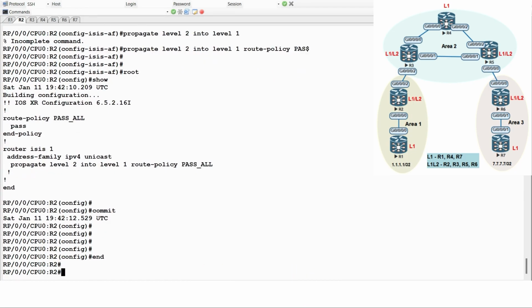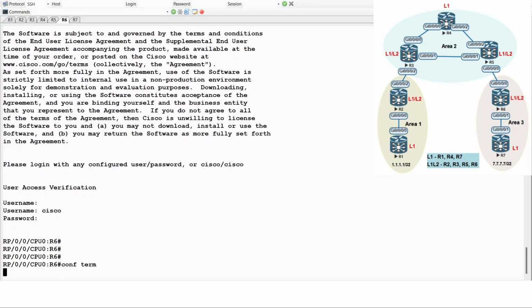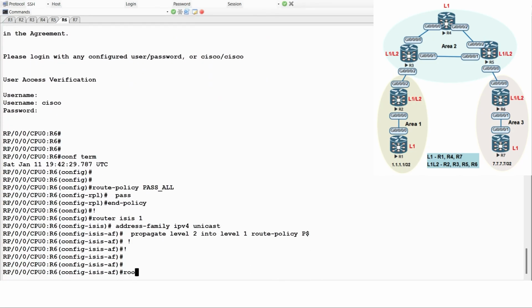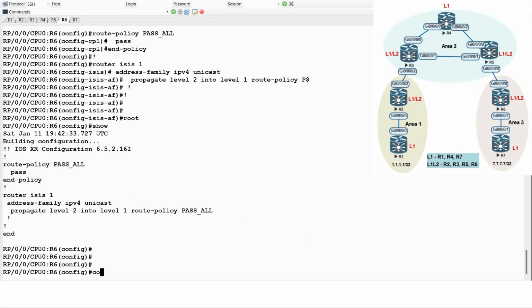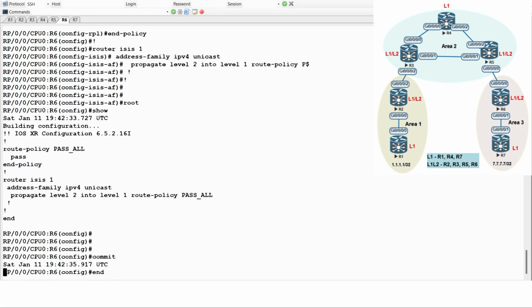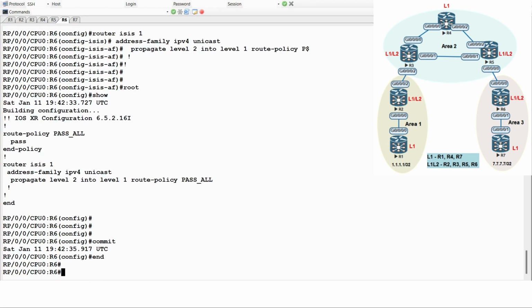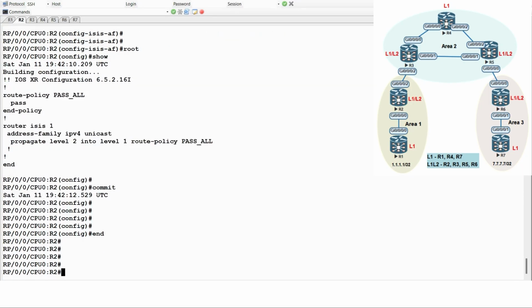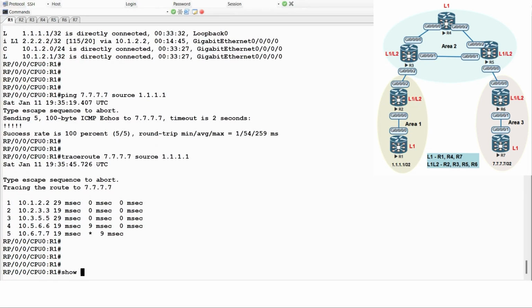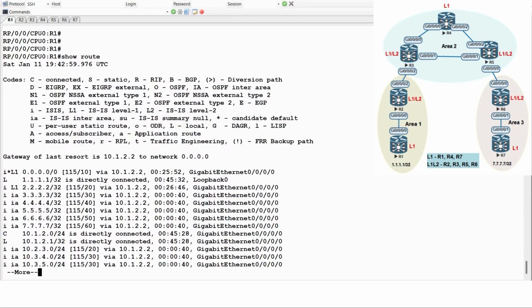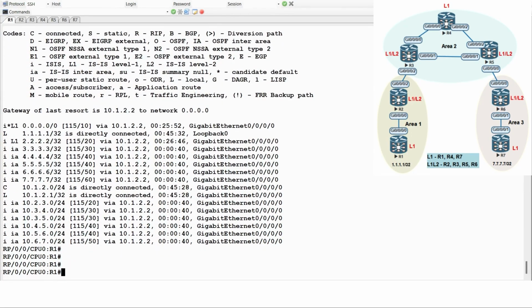Now let's do the same thing in router R6. After configuring the route leaking from L2 to L1, let's verify the routing table on router 1 now. As you can see, router R1's routing table now includes all the prefixes from other areas as well.